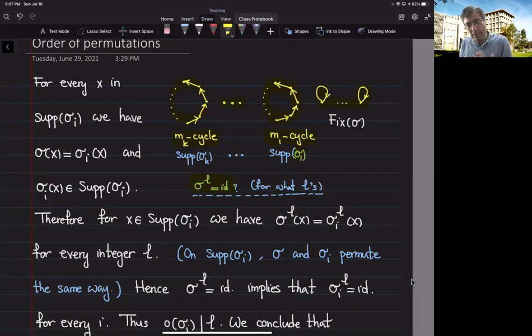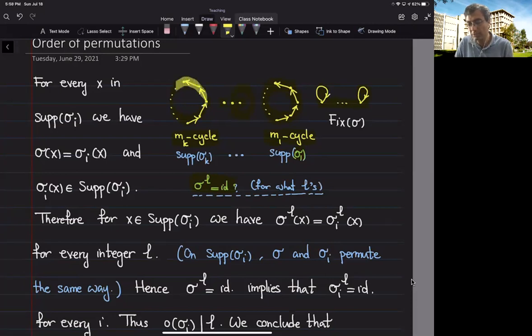So in either point of view, you see that if I want sigma to the L to be identity, if I want to make sure that every point is mapped to itself after L steps, then L needs to be a multiple of m1, because I want to make sure that every point in this cycle is mapped to itself. It should be a multiple of m2, because I need to make sure that every point in the next cycle is mapped to itself, and so on until I reach the last cycle.